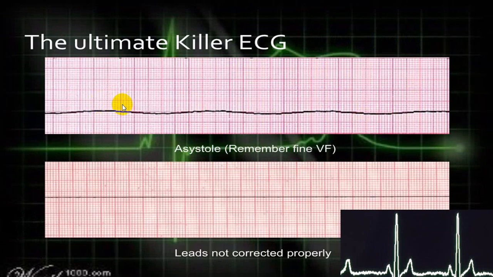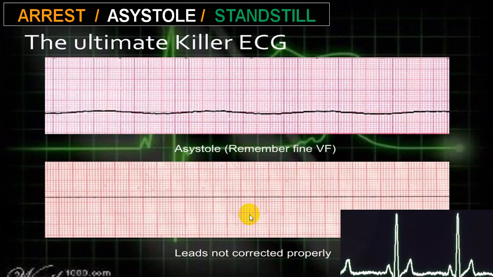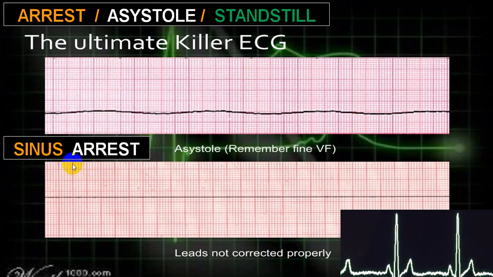So you can have a straight line, then we call it asystole. Some people label that as a fine ventricular fibrillation, and do keep it in mind. This is also labeled as arrest or asystole or standstill. And you can have sinus rhythm followed by a straight line, then we call that a sinus arrest.